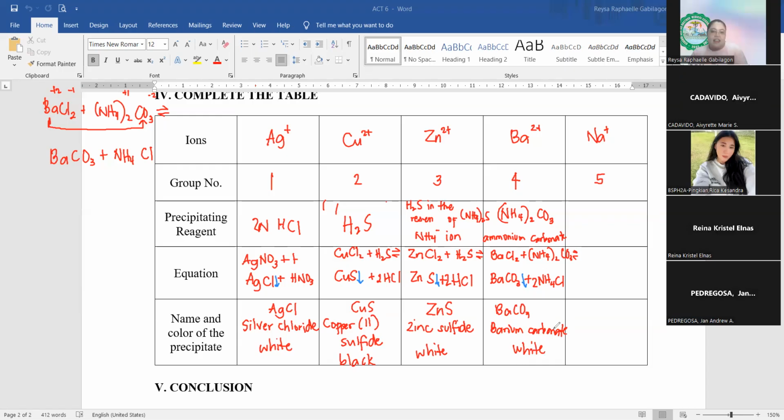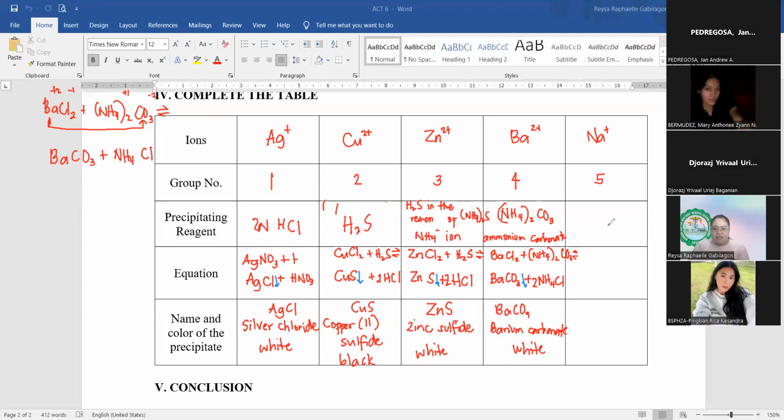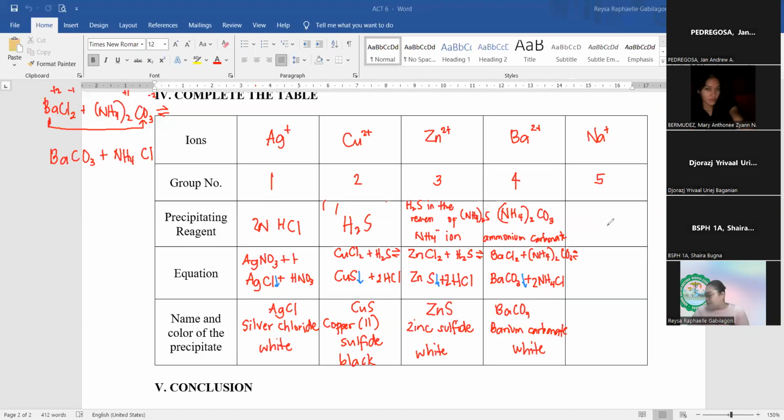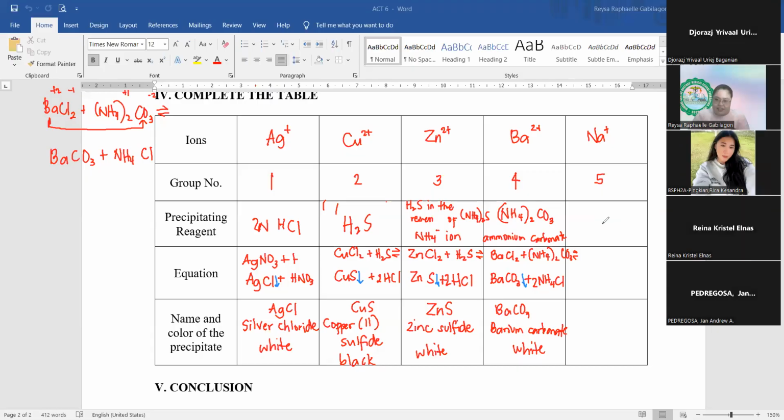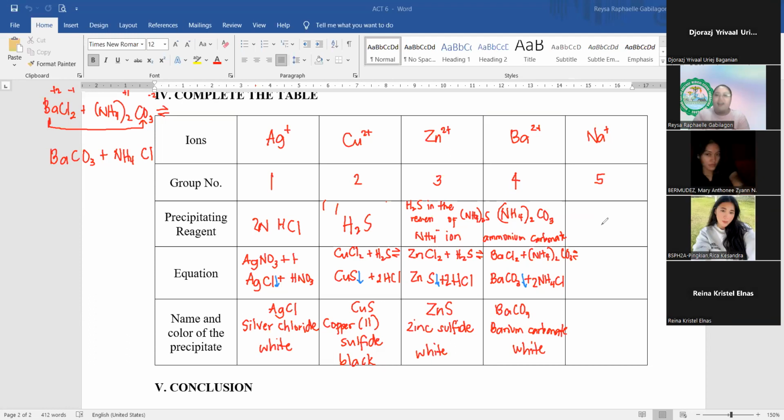So, ayun na siya. Now, si sodium was left during the experiment. So, ang answer natin dito, sa precipitating reagent, anong sinagot niyo dyan? Aya? No precipitation po, ma'am. Okay, so lagyan niyo lang Na dito. Na yan siya lahat dyan.